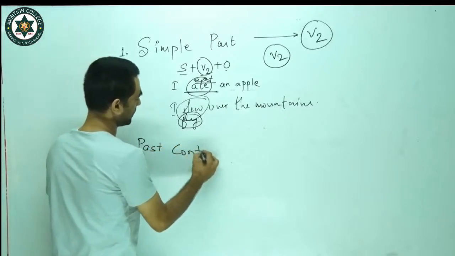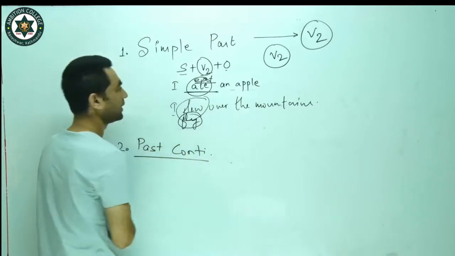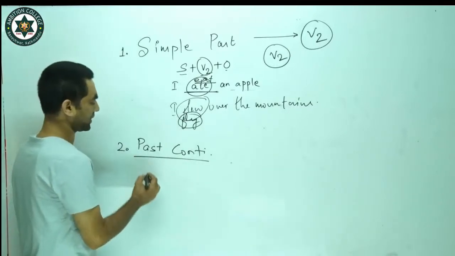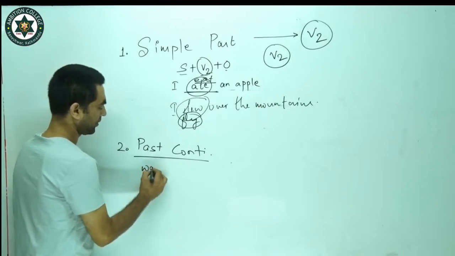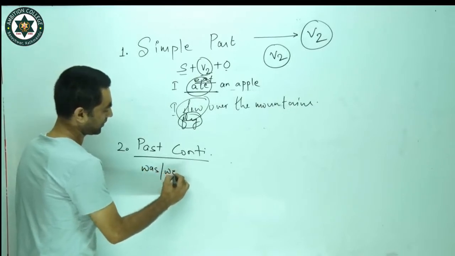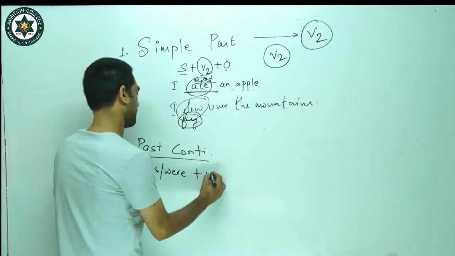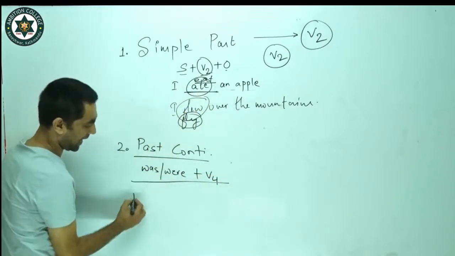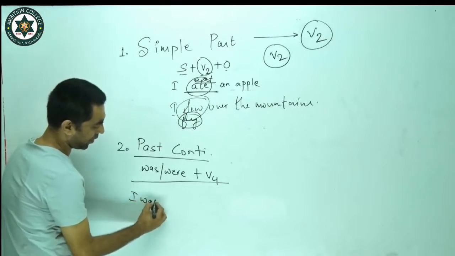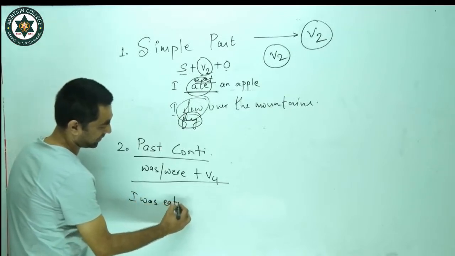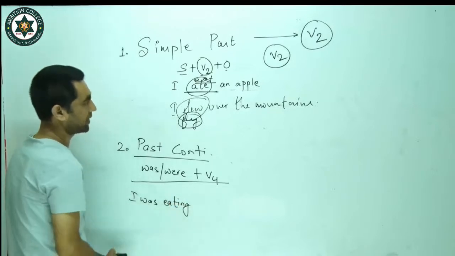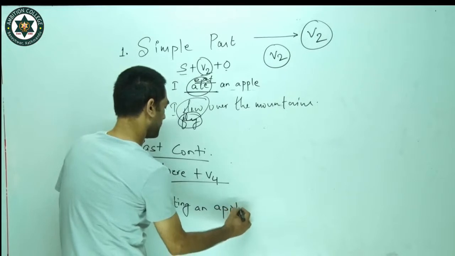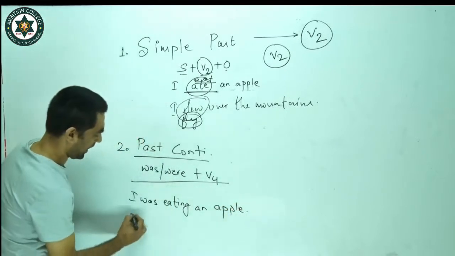past continuous. Now for the past continuous, we have the structure was, were plus V4. That is, I was eating an apple.